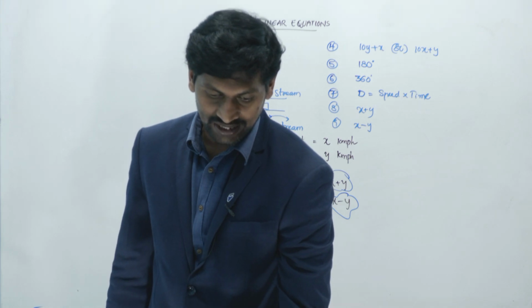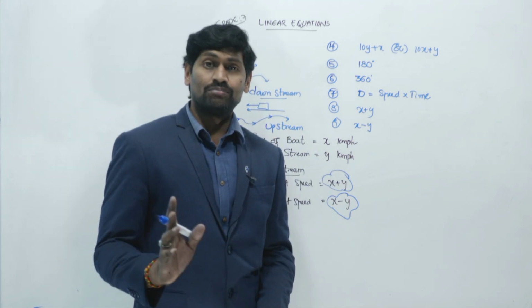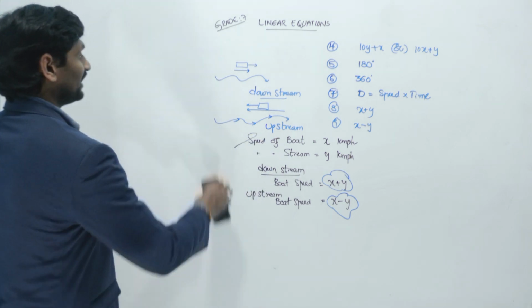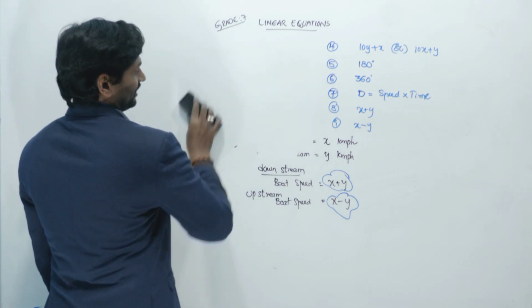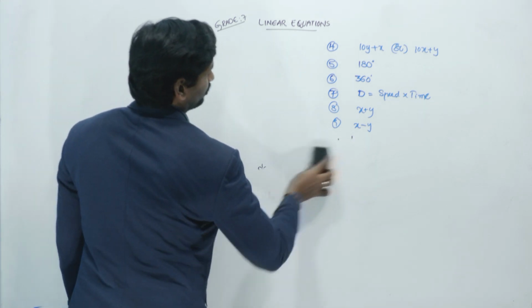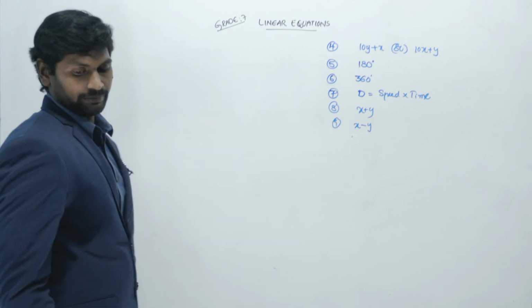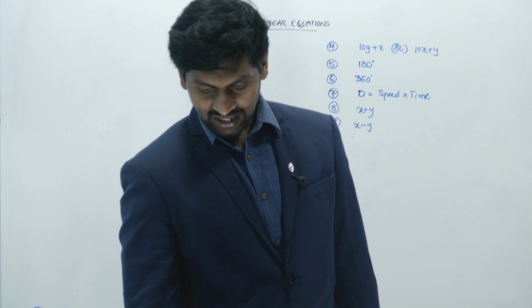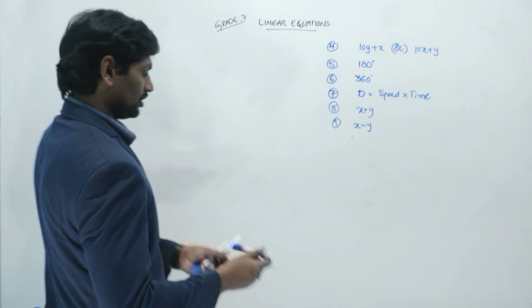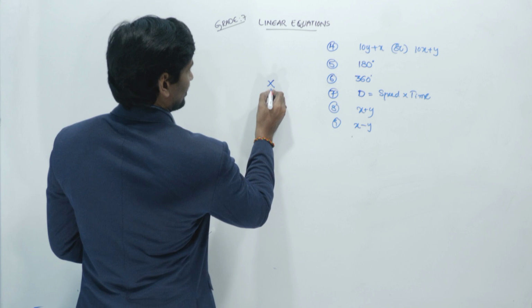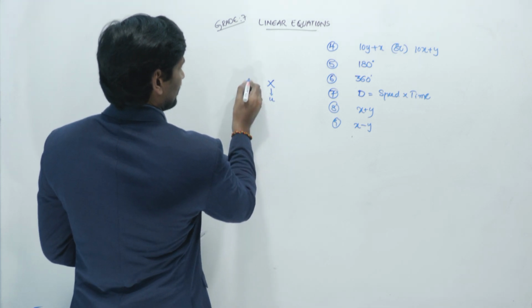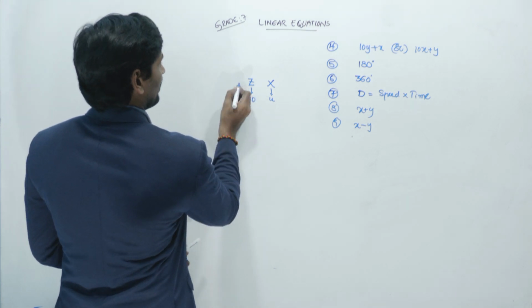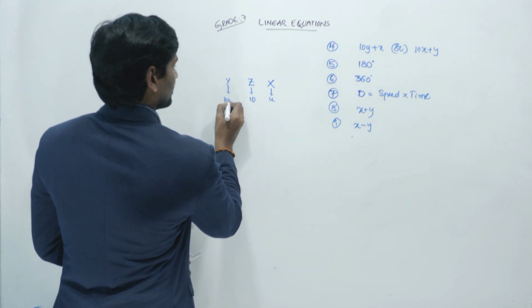Now let us go to problem number 10. A 3-digit number should be represented by 3 variables: 1 into the ones place digit, 10 into the tens place digit, and 100 into the hundreds place digit. Here the digits are given: X is the unit place, Z is the tens place, and Y is the hundreds place.